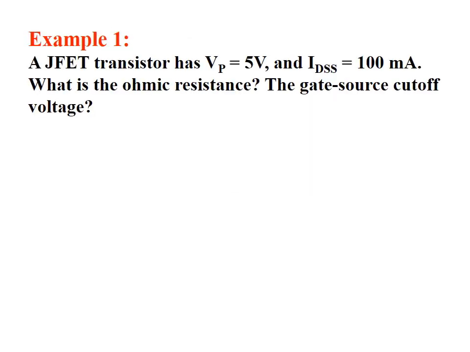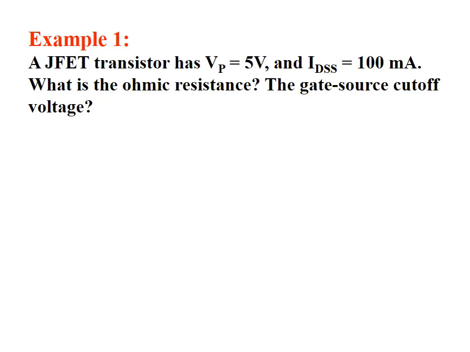Okay, let's see this first example. We have a FET transistor that has the pinch-off voltage equal to 5 volt, and the saturation drain to source current is 100 milliamp. So the maximum current is 100 milliamp. What is the ohmic resistance and the gate to source cutoff voltage?